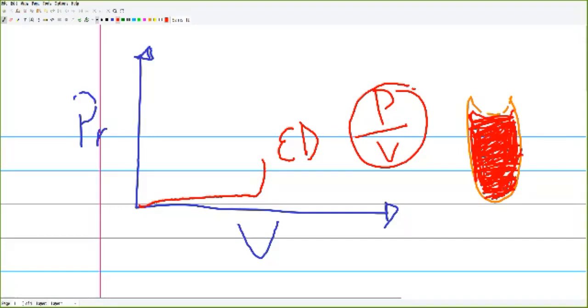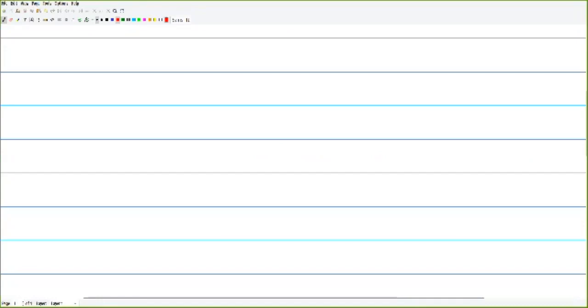And preload is basically the wall stress.